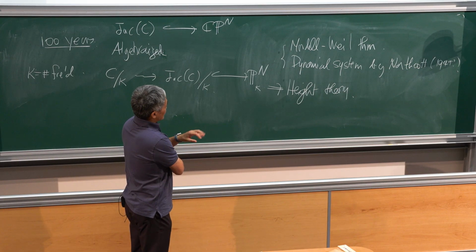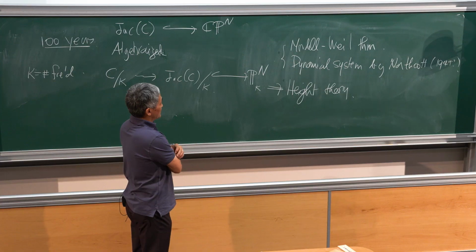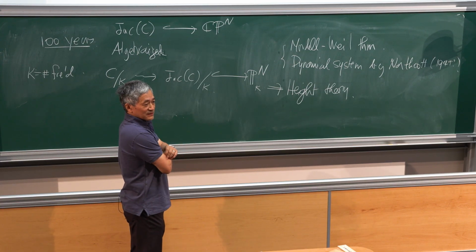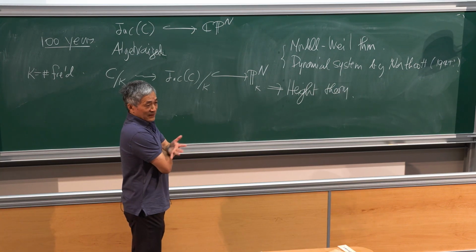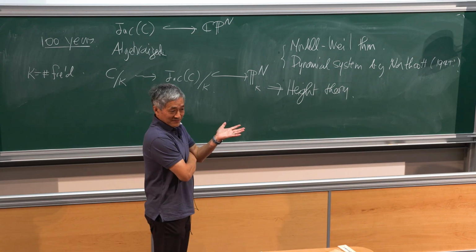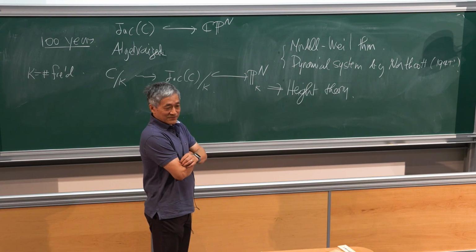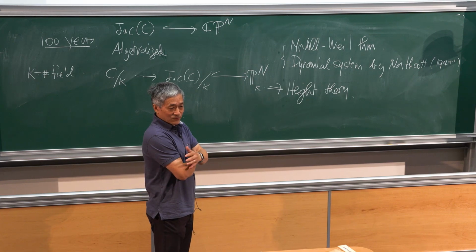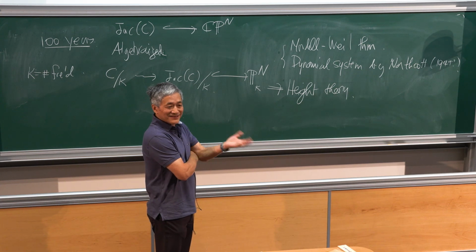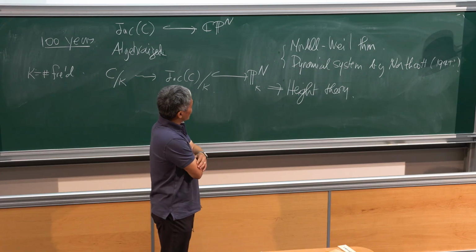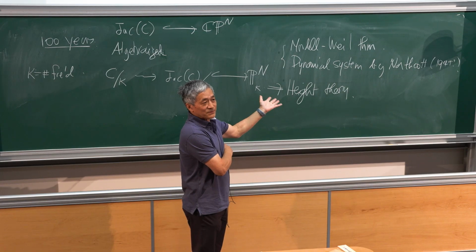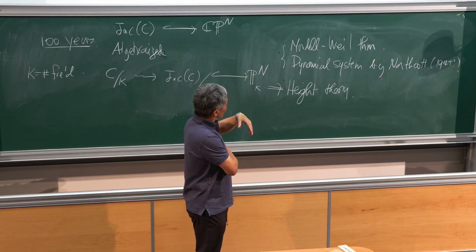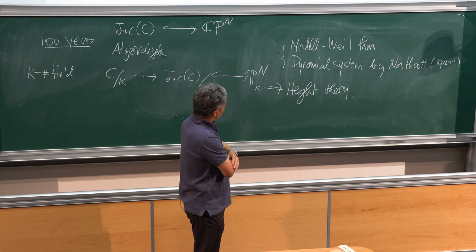Northcott actually has a very interesting story. He originally wanted to come to Princeton to study Banach spaces with Von Neumann, but Von Neumann somehow didn't want to work on this stuff anymore. So he started with Emil Artin. Emil Artin had a workshop studying Weil's work. From that, he wanted to apply height theory to dynamical systems for P^n to P^n.